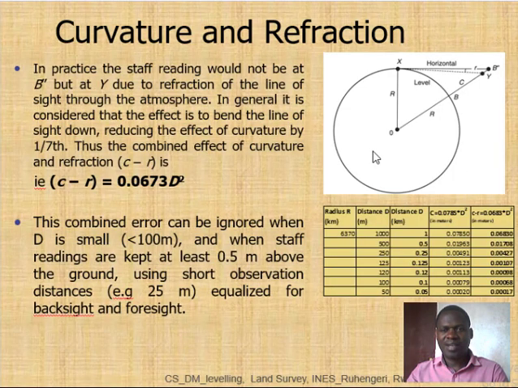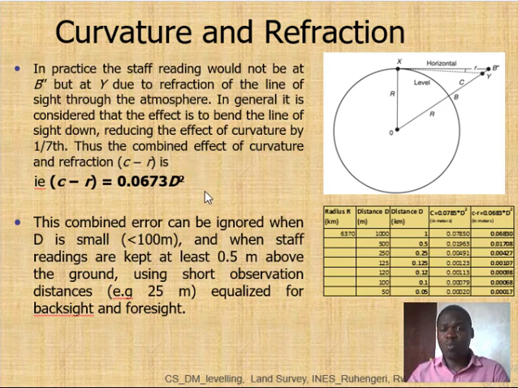Dear students, as explained before, the staff reading would not be at B prime but at Y because of the refraction of the line of sight through the atmosphere, and this will reduce the error of curvature by the distance r between Y and B prime, and this error is generally estimated at 1/7 of the curvature error.